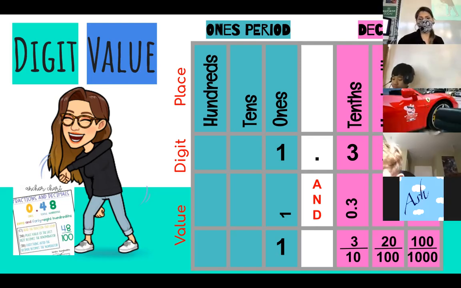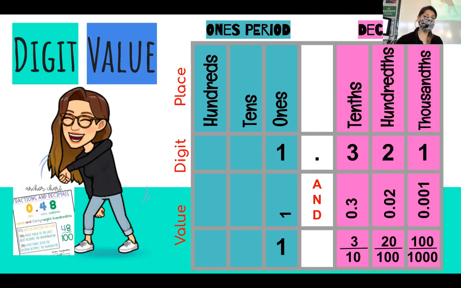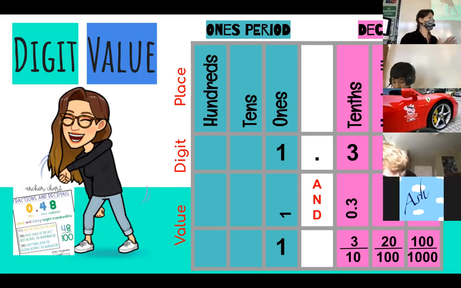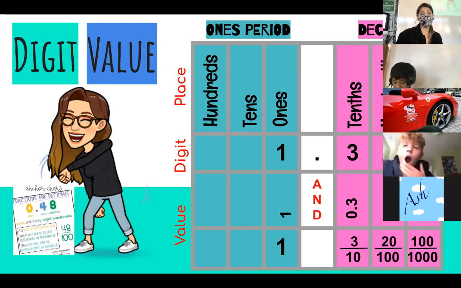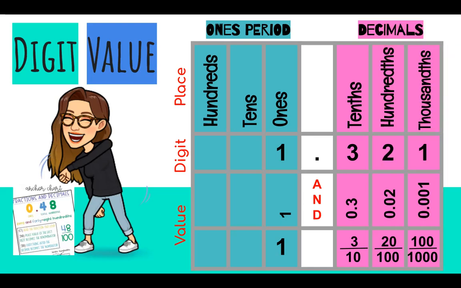Beautiful. Now, there is a slight difference when it comes to decimals. I don't know if those at home heard, but when we were working with our whole numbers, we read it a period at a time, right? We read 3 numbers at a time. When it comes to decimals, we don't necessarily work in terms of periods with 3 digits at a time.